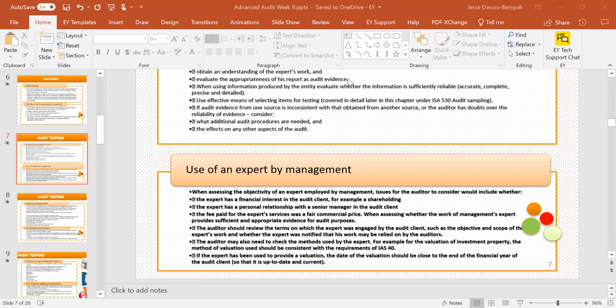That's a minimum form of evaluating the competence of someone. Then number two, usually, when it comes to things like valuations and other things like that, audit firms have different arms.